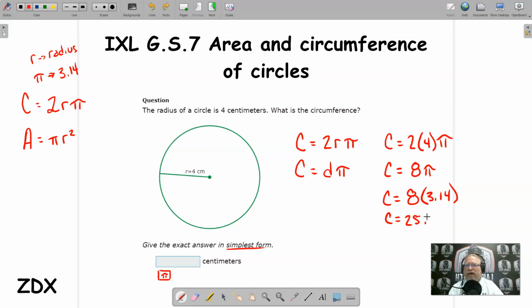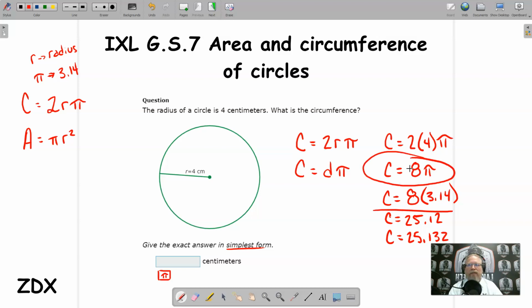And just to demonstrate how that is not necessarily exact, I'm going to go ahead and do 8 times, and then finding pi on my calculator. It's been a little, there it is, shift key and the caret. And if I actually use the pi button and then hit enter, it would actually give me C equals 25.132, etc. So it's just a little bit different, little off, but we're not going to go there today.